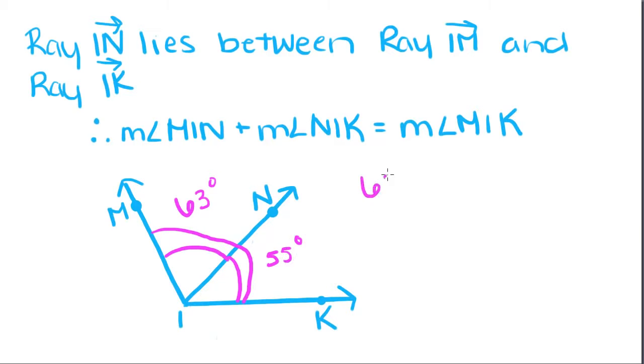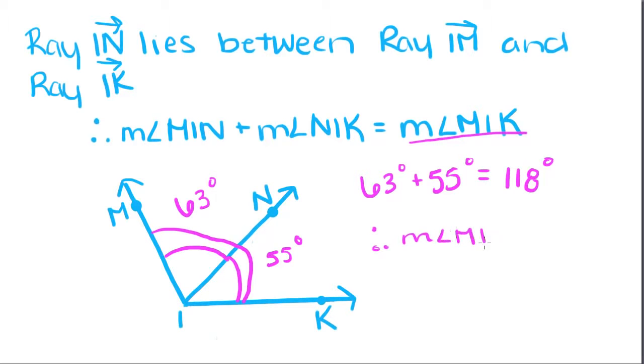I can take each one of those parts and add them together in order to get what the whole angle is equal to. And if you add 63 plus 55, you get 118 degrees. So therefore, the measure of angle MIK is equal to 118 degrees.